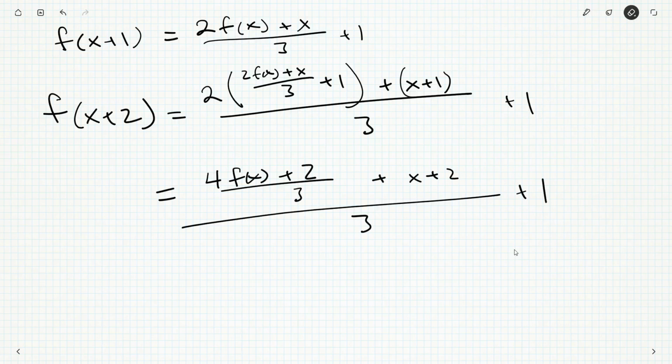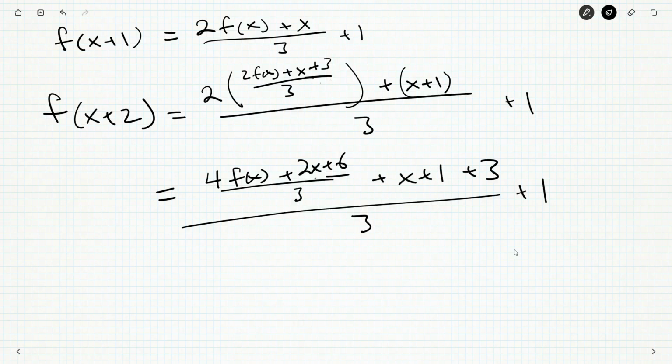I'm changing this plus 1 to a plus 3 and putting it up on top. So that's plus 2x plus 6. And then this becomes x plus 1. And then plus 3 here.